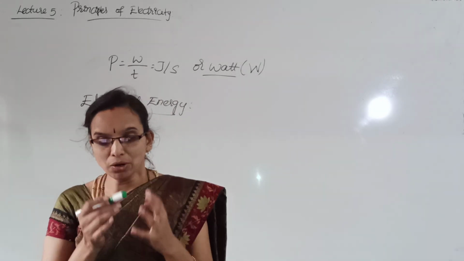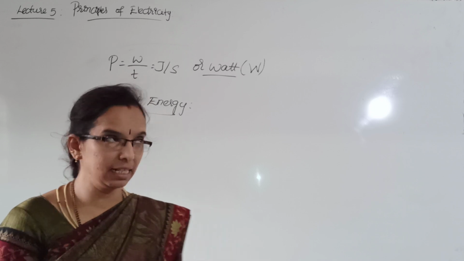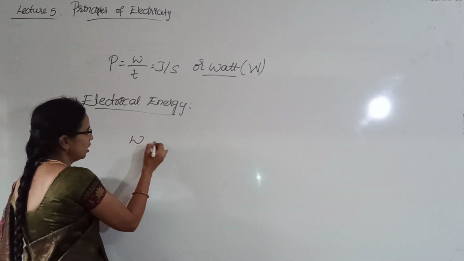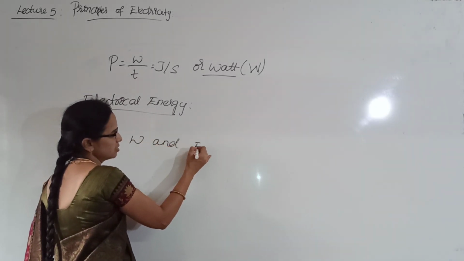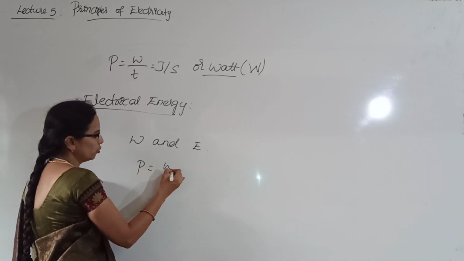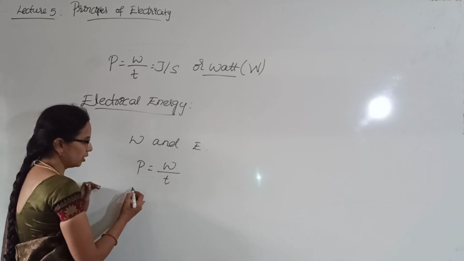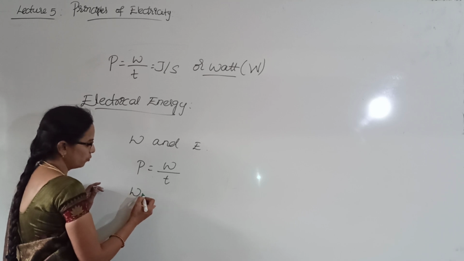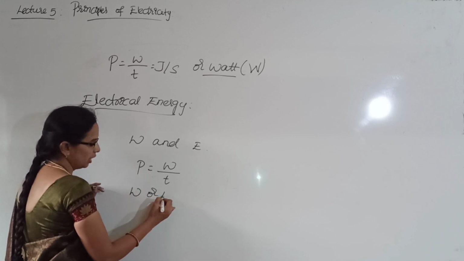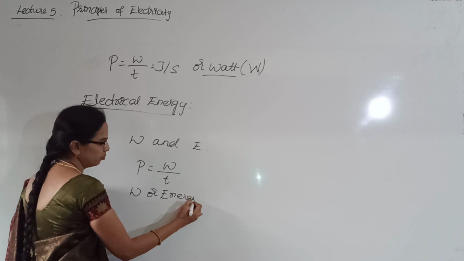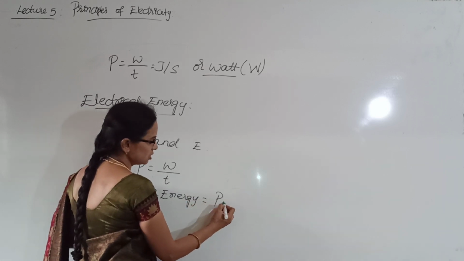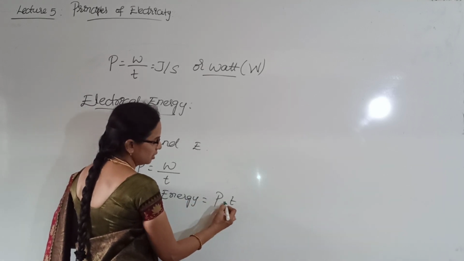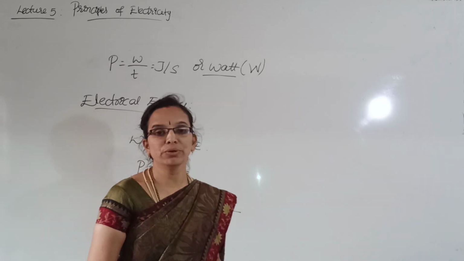So how to define electrical energy? You know, work and energy are the same. So power is equal to W by T. Electrical energy can be defined as power consumed in a specific amount of time.